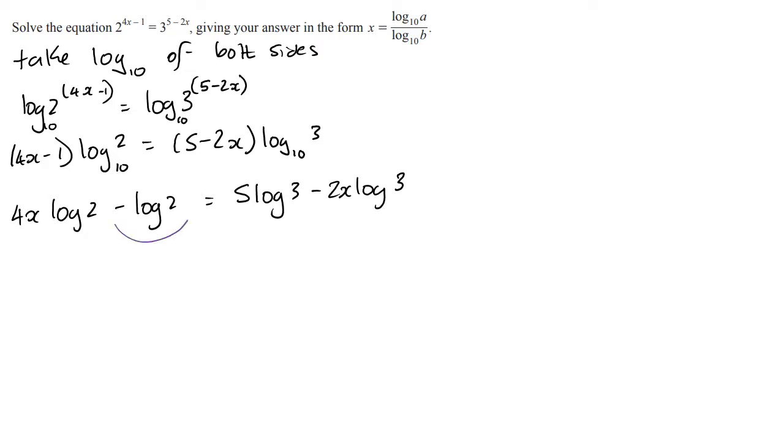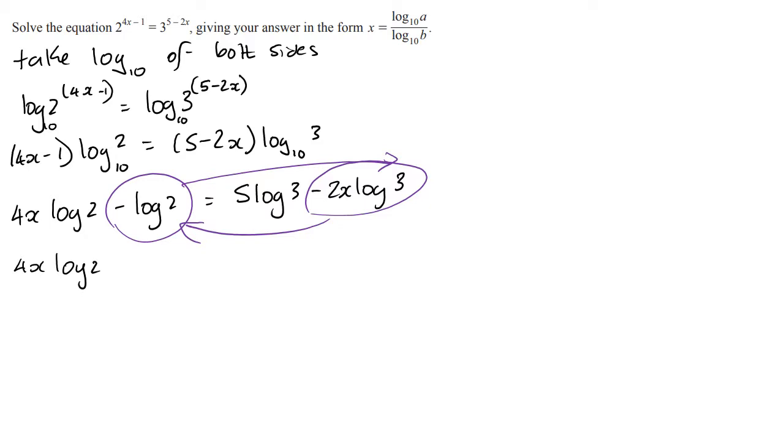If I show you in purple, this one will go over here, and this one will go over here, which would give us 4x log 2 plus 2x log 3 equals 5 log 3 plus log 2. Notice how it wants to be written as one log on top and one log on the bottom.